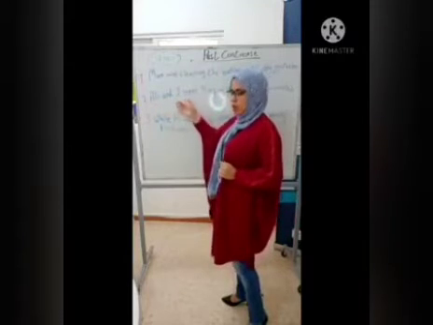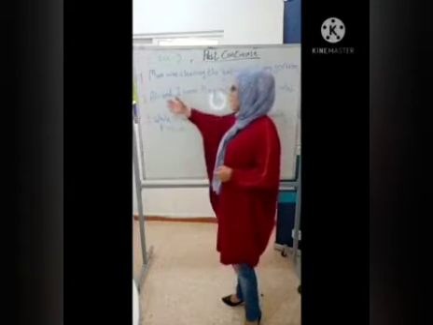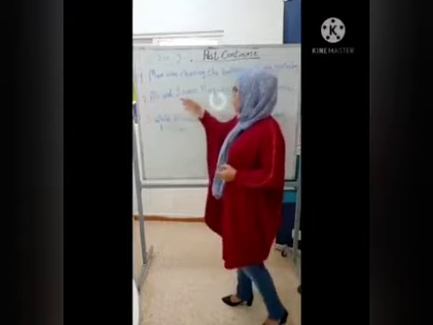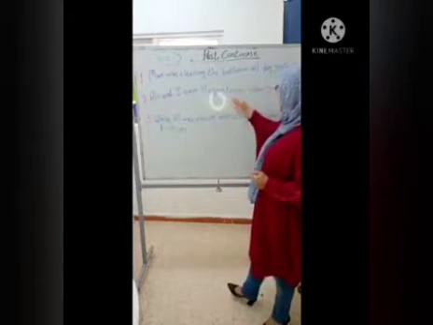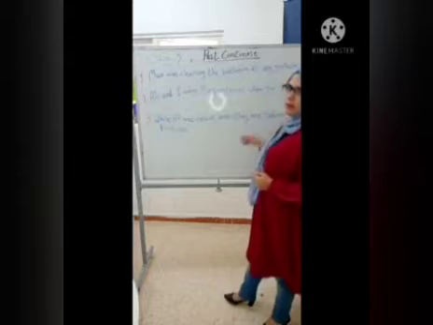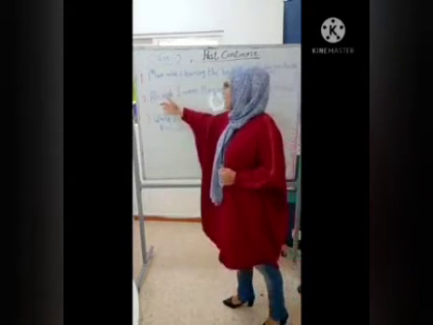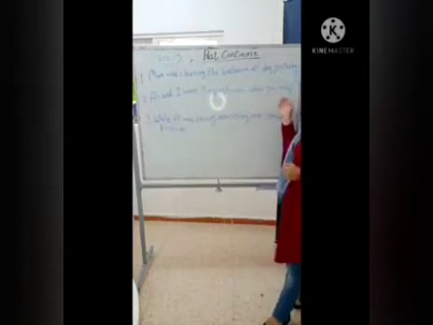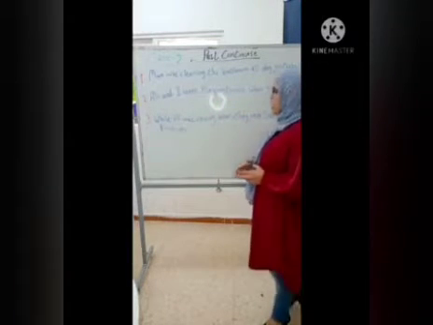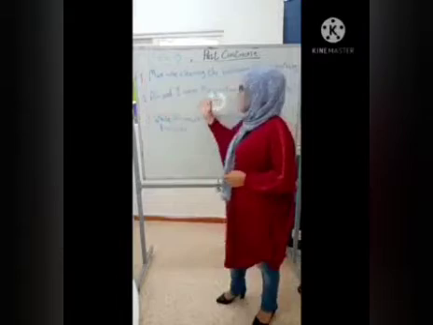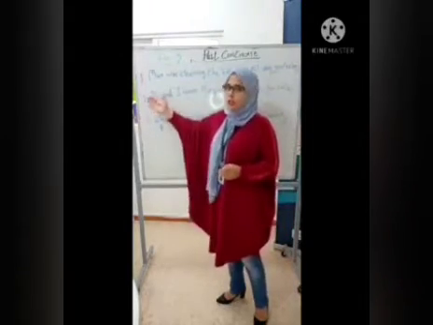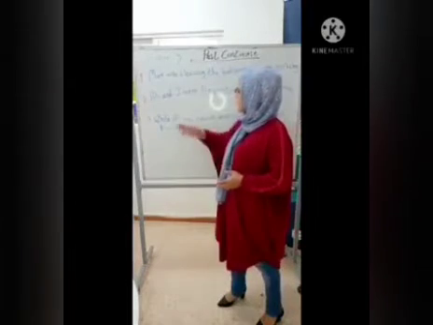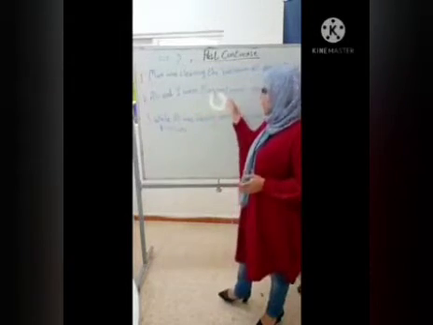Ali and I, that means we, were playing tennis when you called. Again, Ali and I were playing tennis when you called. So this is the main action or event that happened in the past, which is playing tennis.